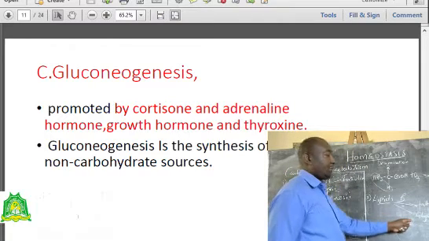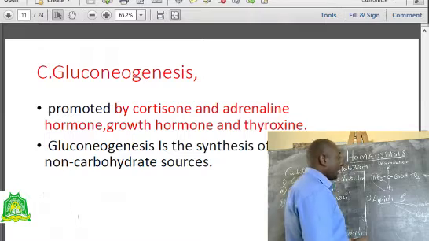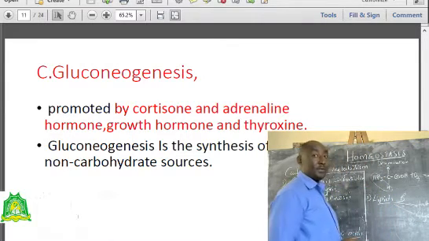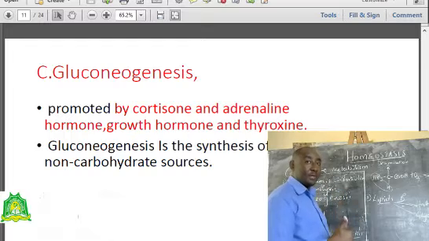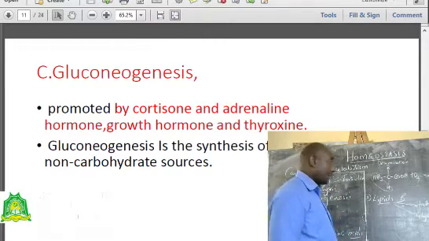This glycerol, if you remember very well in the topic of respiration, will combine with phosphate to form glycerol 3-phosphate. The glycerol 3-phosphate undergoes a stepwise breakdown, what we call glycolysis, to yield more energy.